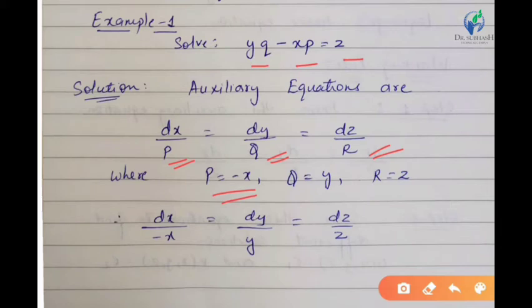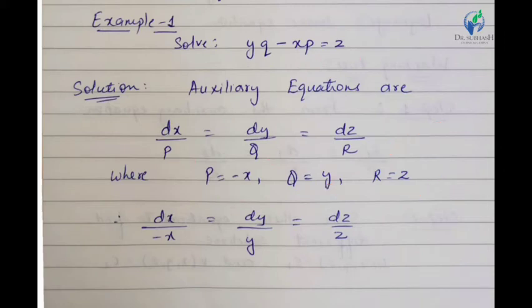Coefficient of small q is y, so our capital Q will be y and the rest one is z, that will be R. We substitute these values in this equation. We get our auxiliary equation as dx upon minus x equal to dy upon y equal to dz upon z.